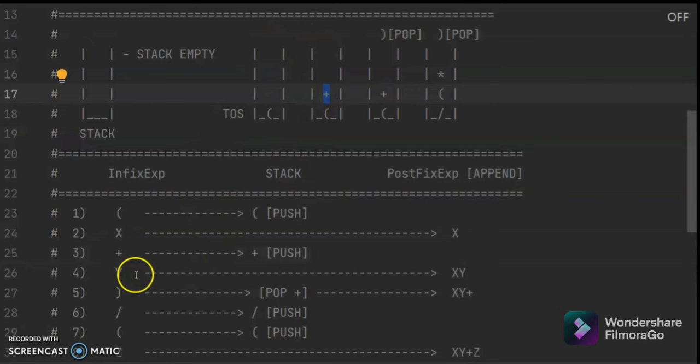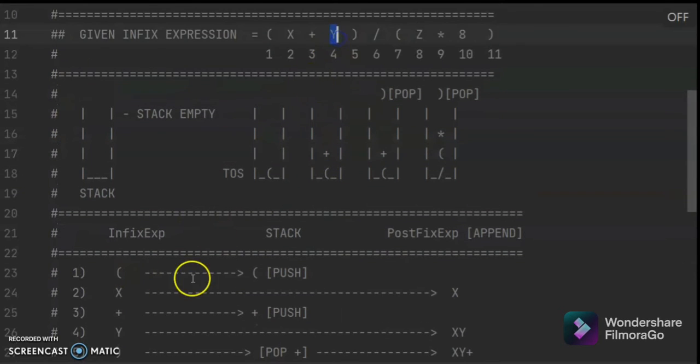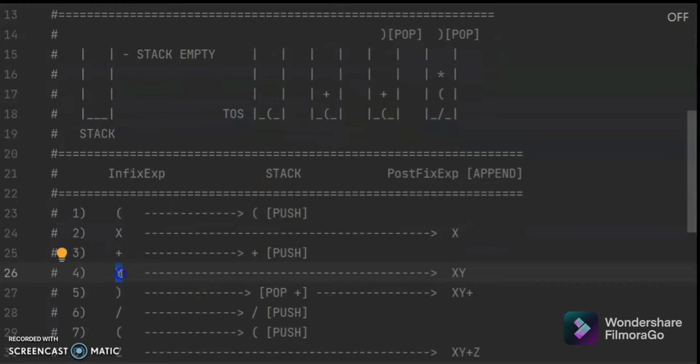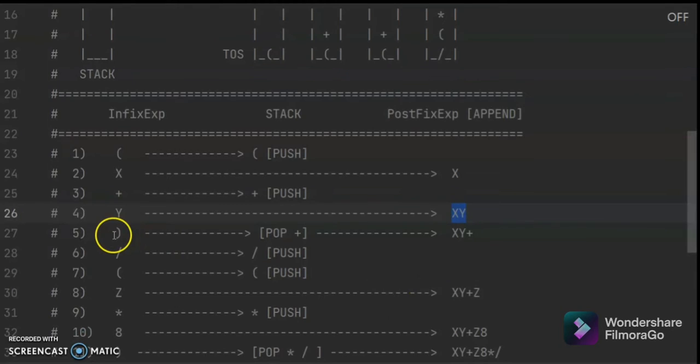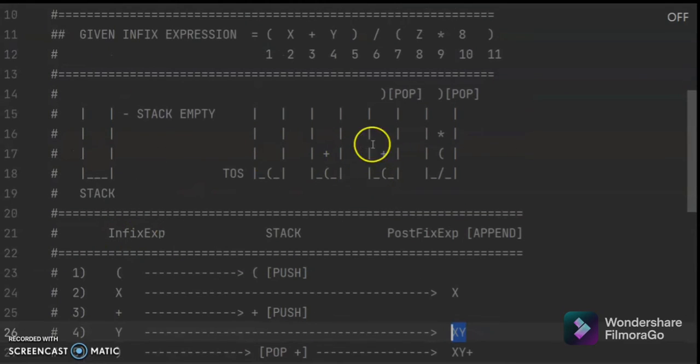Next we are having y. It is an operand, so immediately I am adding it to the postfix expression. It is appending, not overwriting. Appending means you are adding to the previous value. The previous value was x. Now we added one more operand, y. Next, the fifth element is the right parenthesis.